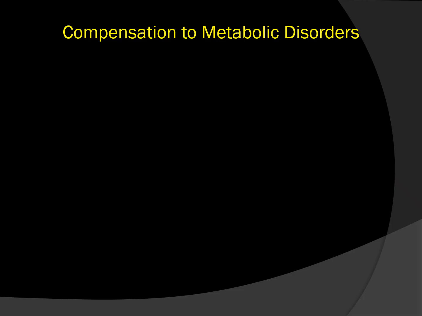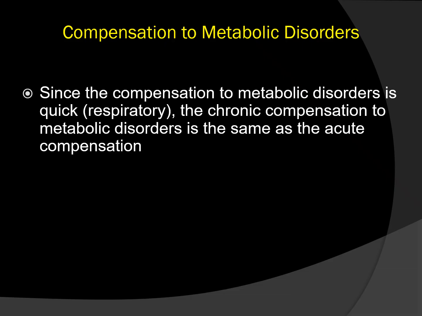Now let's talk about compensation to metabolic disorders. Since the compensation to metabolic disorders is quick, that is, the compensation is through respiratory changes, the chronic compensation to these metabolic disorders is the same as the acute compensation. They both happen over just several minutes.